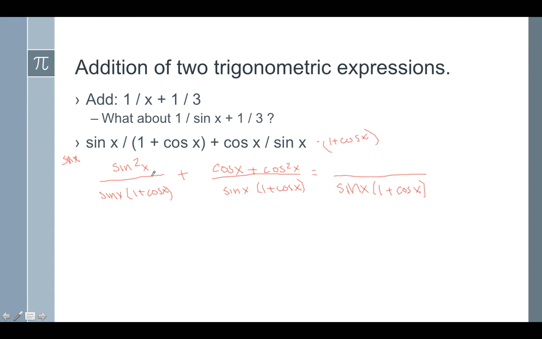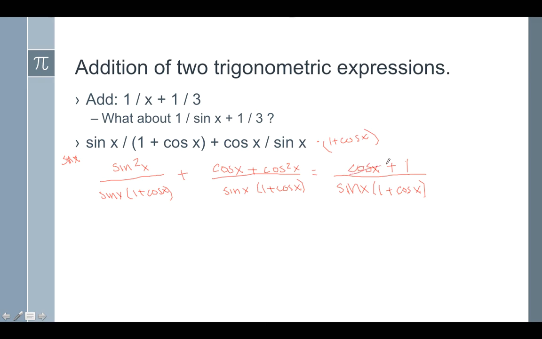Now, when I add my numerator together, I get sine squared plus cosine squared. Well, that's nice because my Pythagorean identity says sine squared plus cosine squared is 1. So I get 1 plus this cosine of x. Now here's why I didn't multiply.